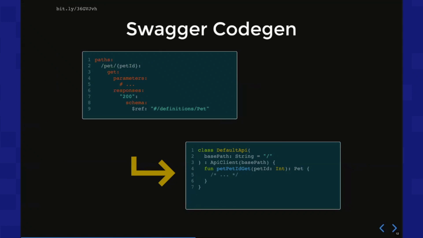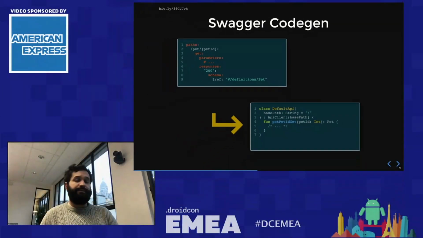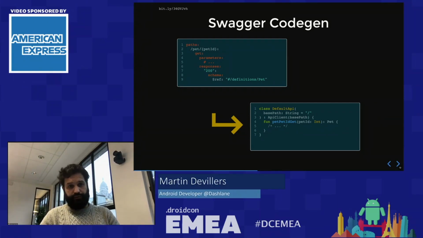Swagger CodeGen is probably something that fewer people are familiar with. Swagger, also called OpenAPI, is a standard for describing a server API. In this example, we say that the path is pets, and then you put the ID of the pets. If you call that on the server with GET, then it'll return a pet, essentially, if the request succeeds.